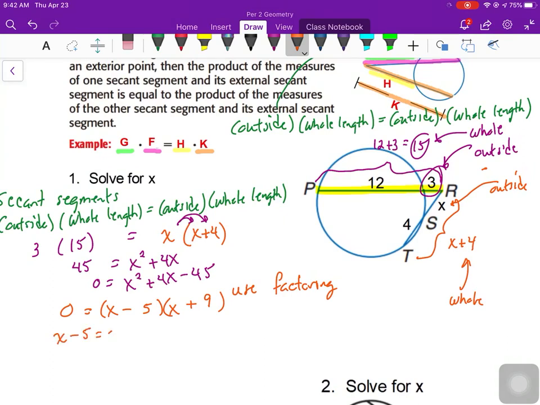Now we set each of those factors equal to 0. This one we add 5. We get x equals 5. This one we subtract 9. We get x equals negative 9. Now the negative number will not work in this problem.